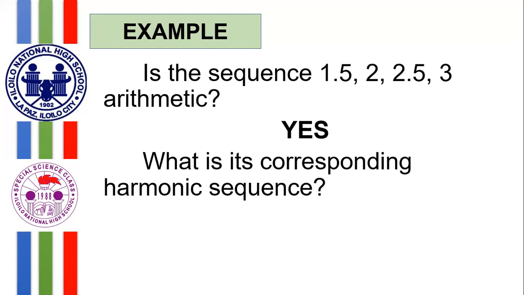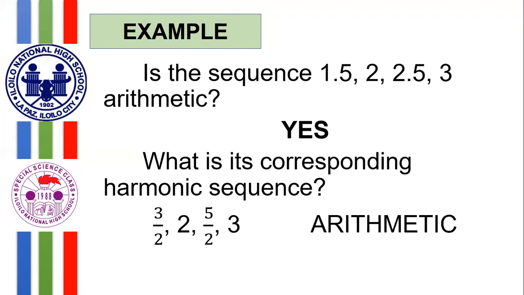So what is its corresponding harmonic sequence? To do this, I will first copy the sequence, but I will convert 1.5 and 2.5 to fractions, which are 3 halves and 5 halves respectively. This one is arithmetic based on the test we did earlier.